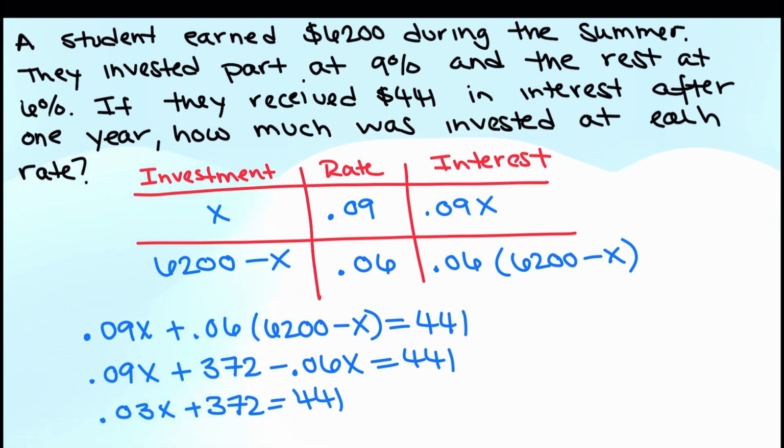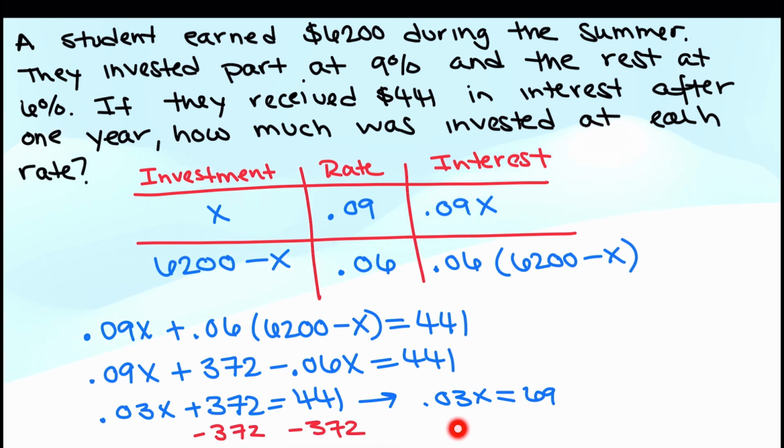Combine like terms, 0.09x minus 0.06x is 0.03x, plus 372 equals 441. Subtract the 372 from both sides, we're left with 0.03x equals 69. Divide both sides by 0.03, and I got x equals 2,300.